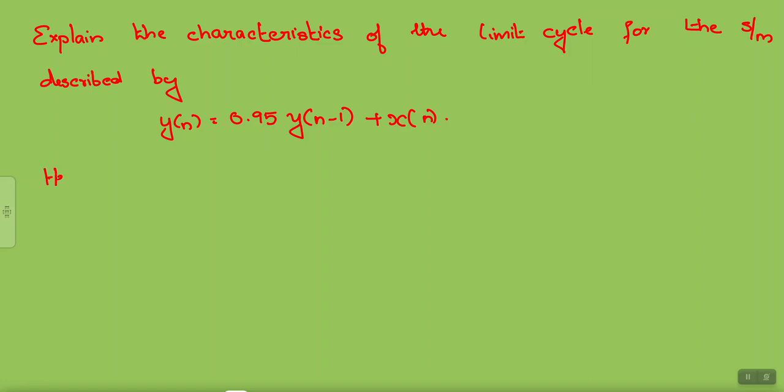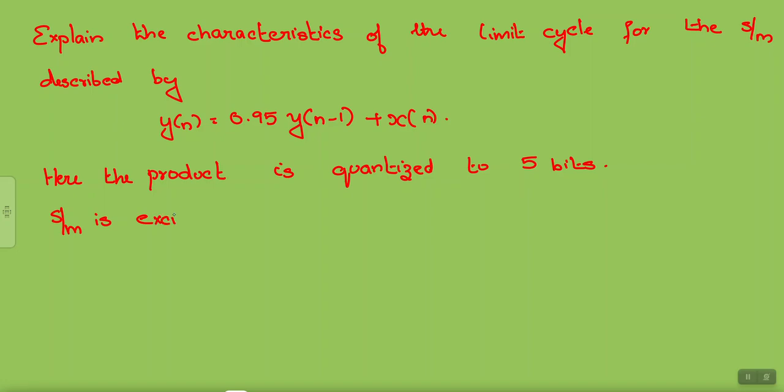In this system here, the product is quantized to, let us say, 5 bits, including the sign bit, and the system is excited with the input x of n is equal to 0.75 for n is equal to 0 and 0 for n not equal to 0.